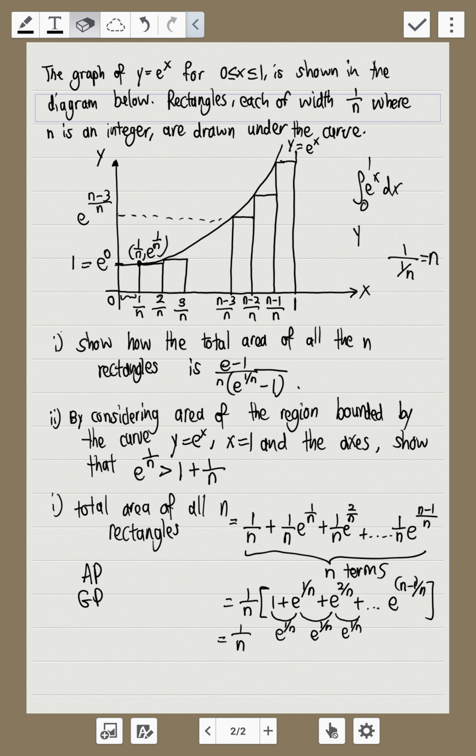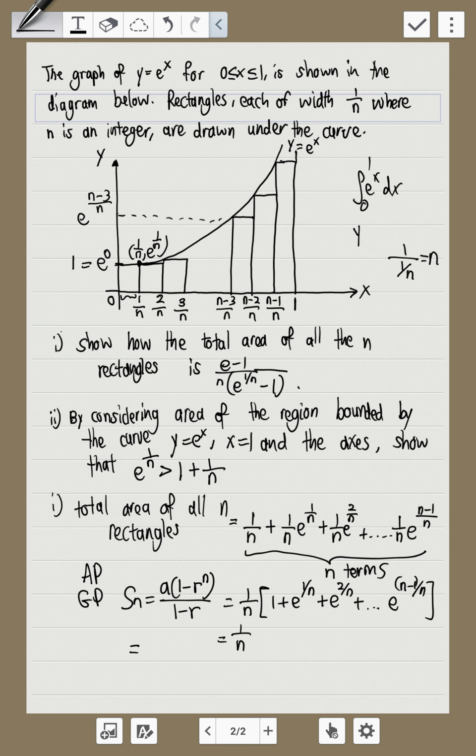For this type of geometric series, when I want the sum of the n terms, there is a formula. That is the first term, a, bracket 1 minus the common ratio to the power of n, where n is the number of terms, over 1 minus r. In this case, the number of terms happens to be n.